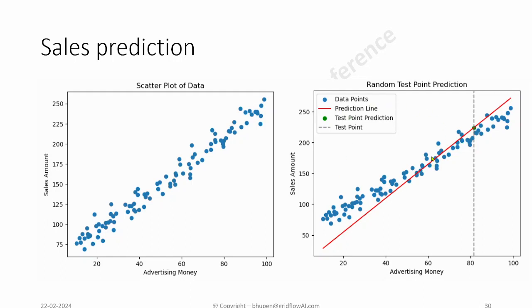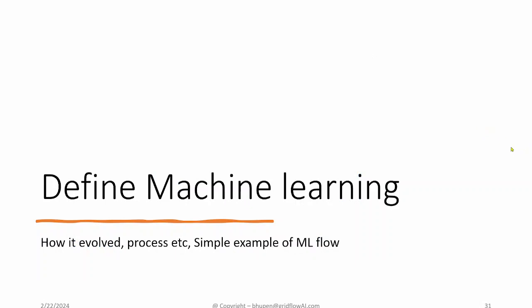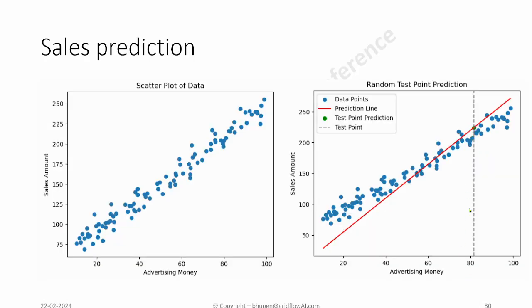That means I have a point marked green here, and let's say the customer is spending this much, then we can anticipate the sales volume to be around this green mark here. So we can make some kind of a prediction that for a particular advertising money or plan, we can anticipate that much of sales.